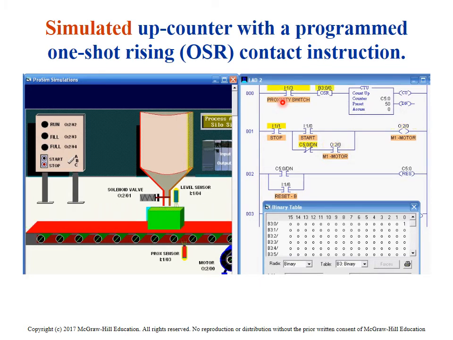It would work just fine without the one-shot. But in this particular case, what they had to do is count to 50. When it reached the value of 50, it went ahead and reset the counter automatically, and then they also have a manual reset push button, which also allows it to reset.